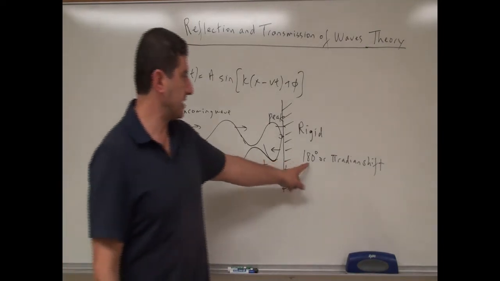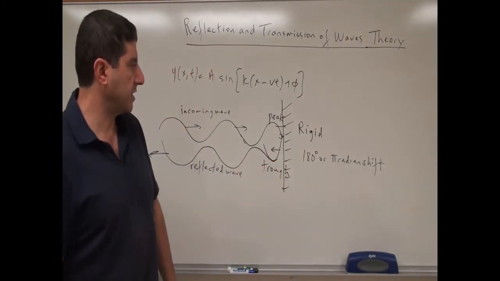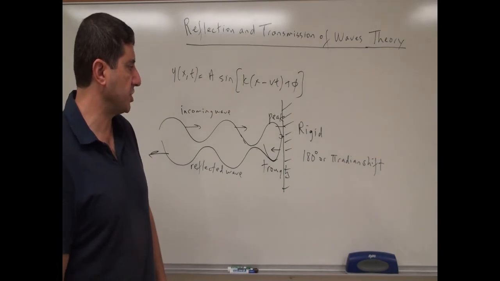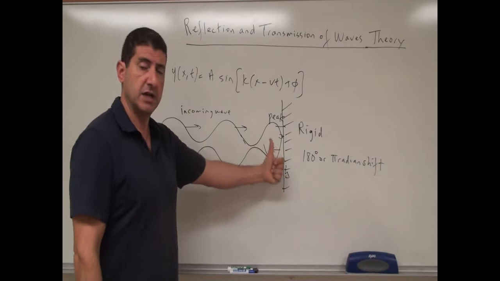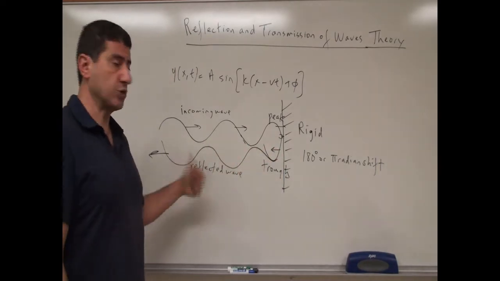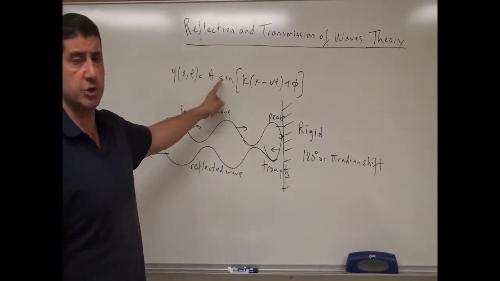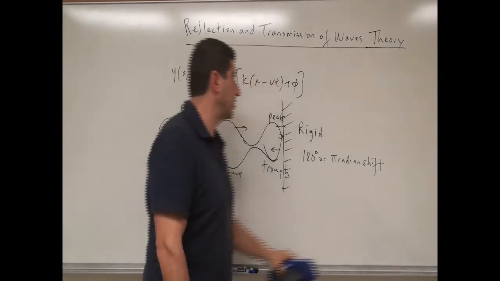So we learned that there's a 180 degree or pi radian shift. And of course it travels backwards. So if the wave is coming to the right and it's traveling to the left, how do we correct the equation? What happens to the equation?